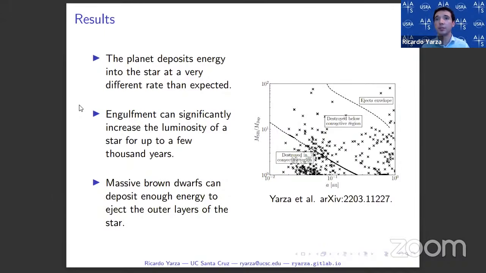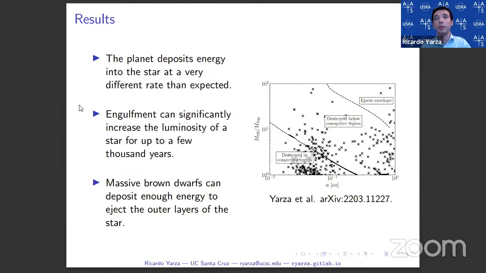There are a lot of assumptions that go into whether the planet can survive, or how the internal structure of the star actually evolves during engulfment, because we're not explicitly modeling that. We're doing the zoomed-in simulations of what the flow looks like around the planet.